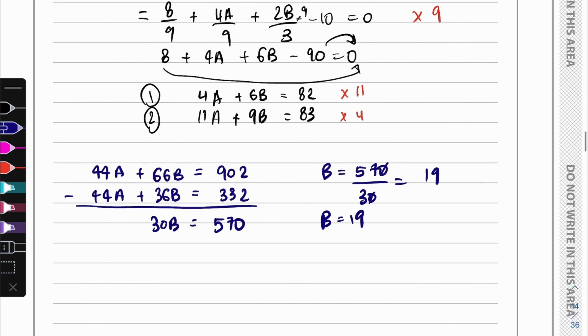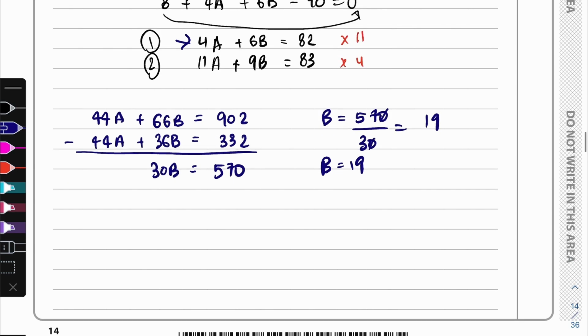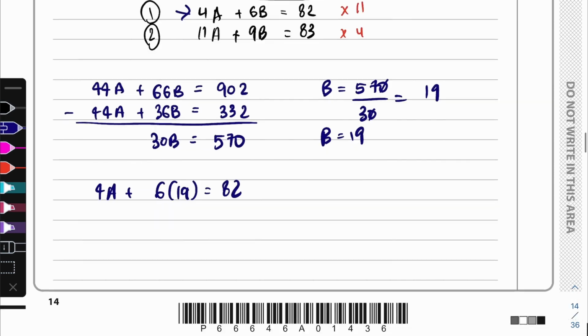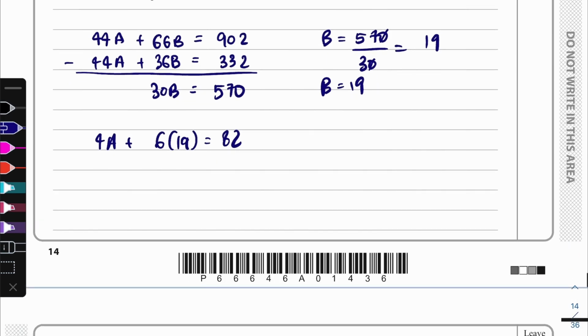Now let's sub it into the easier equation, which is the first one. So 4a plus 6 times 19 equals 82. What's 6 times 19? It's 114. So 4a plus 114 equals 82, so 4a equals 82 take away 114, which on the calculator is negative 32.